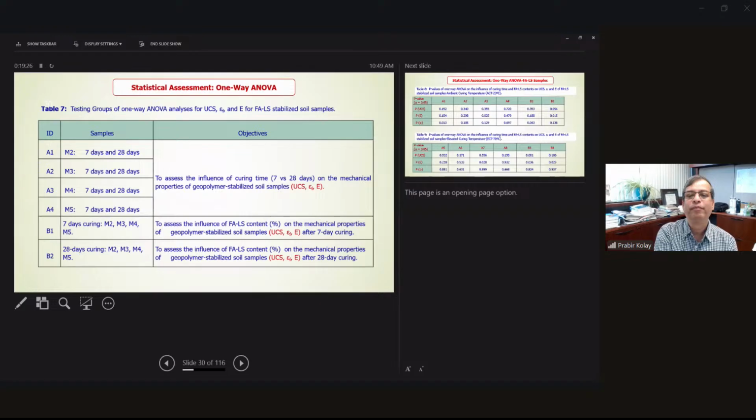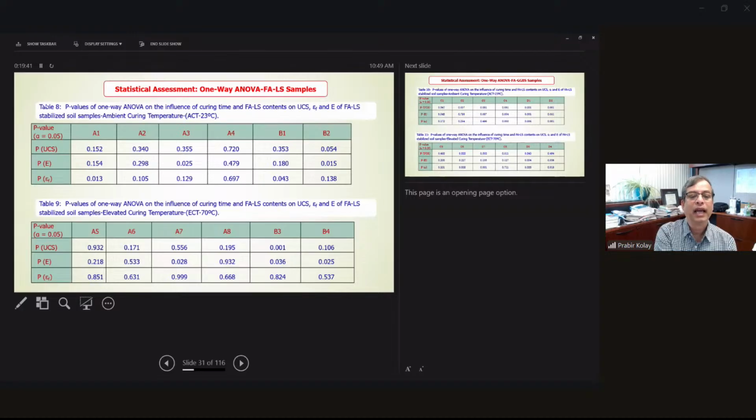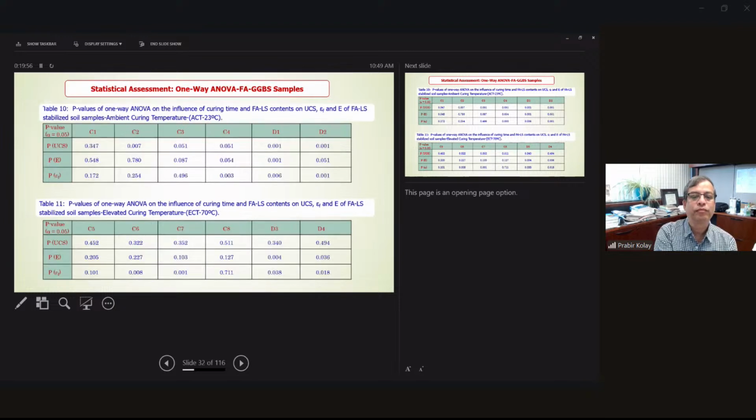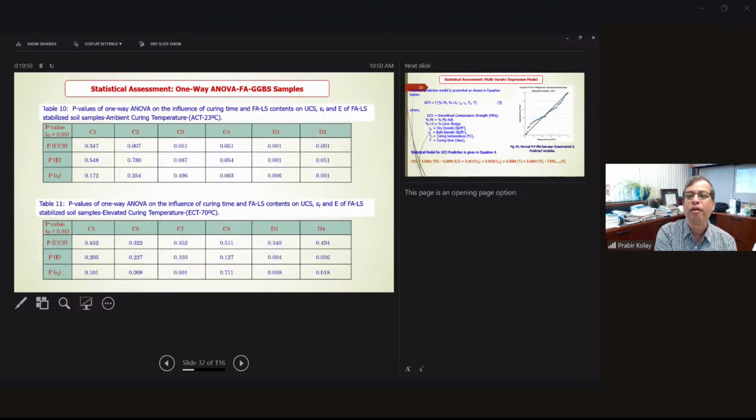And these are the values for the different soil samples, as I mentioned earlier, M2, M3, M4, and we calculated the UCS, the failure strain, and modulus of elasticity. And obviously the influence of the curing we conducted, and the influence of the temperature we conducted, all these different things. And also for different combinations we conducted.